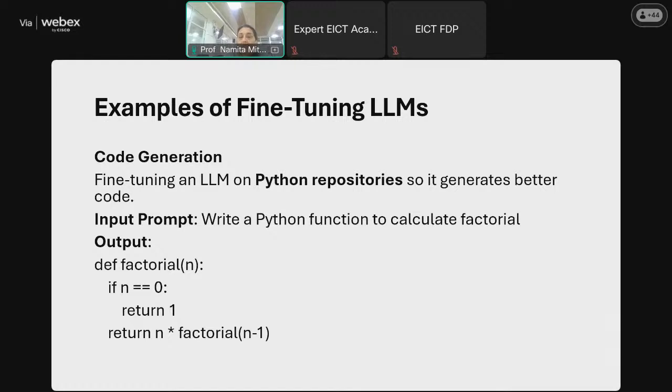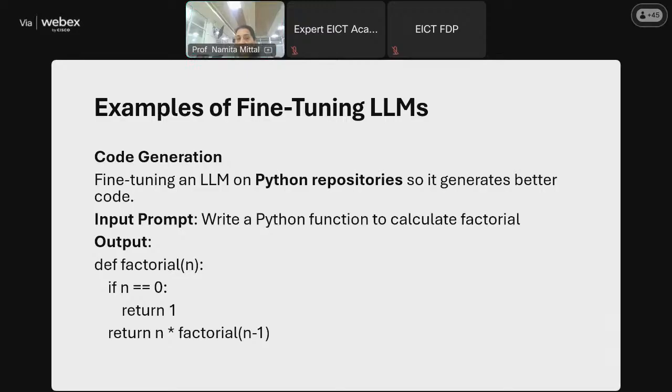Similarly, we can have the example of code generation. For example, fine tuning an LLM on Python repositories so it generates better code. The input is: write a Python function to calculate factorial. It means we must have a dataset with input and output, input and output.